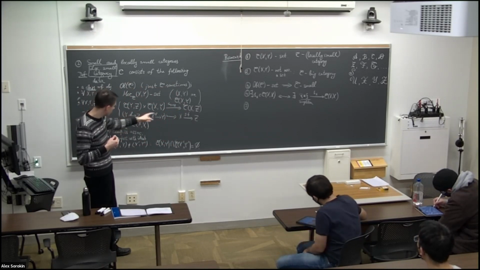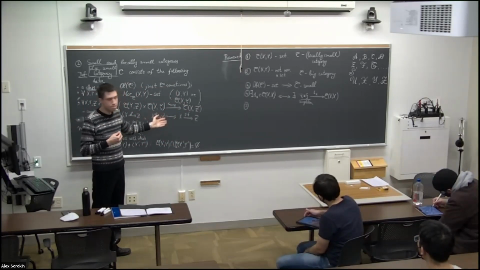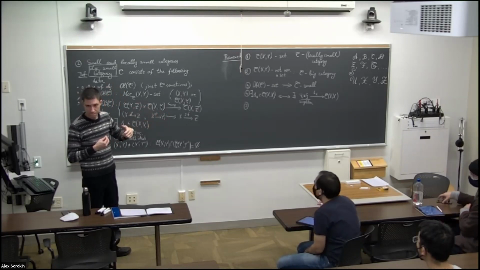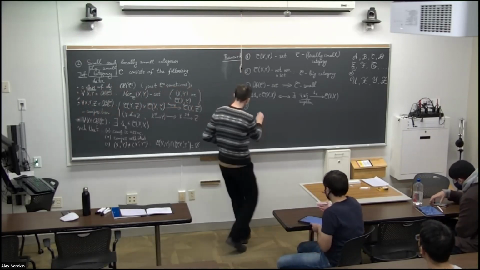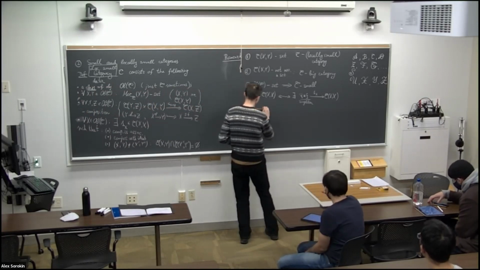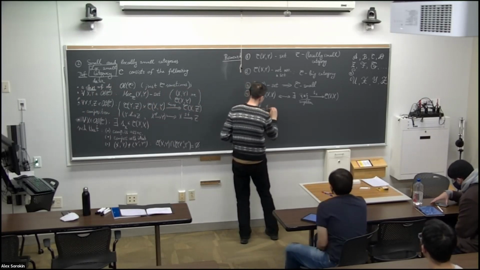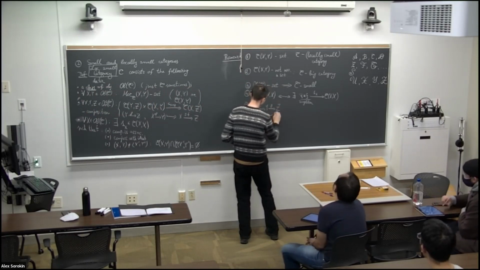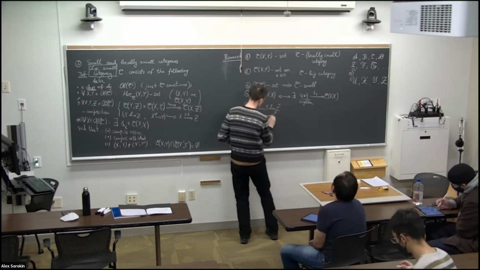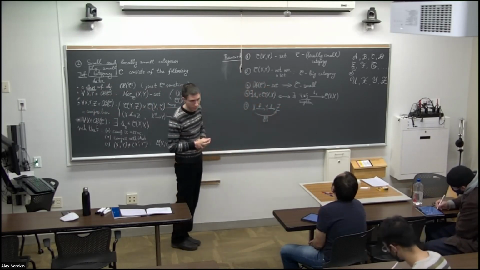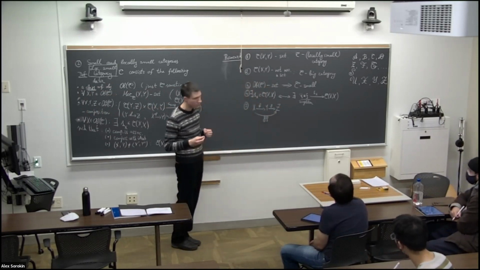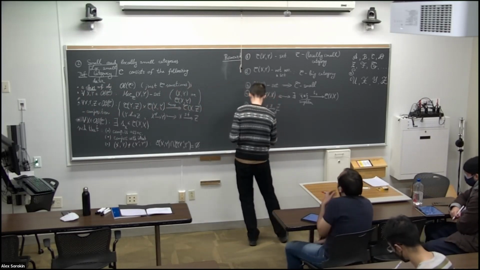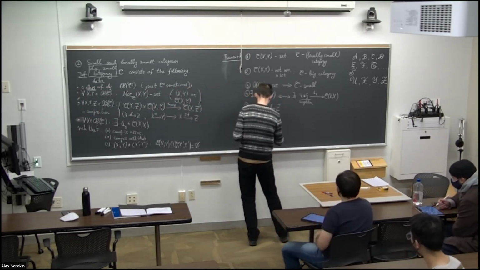The composition here is written in the usual order, but there is another order called diagrammatic. So when I write X, Y, Z, with f and g, the composition will be g∘f. That is the usual order.